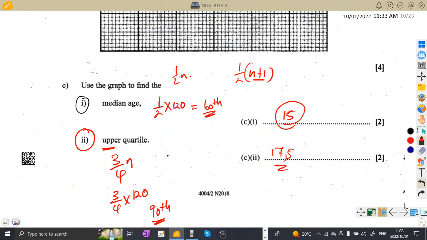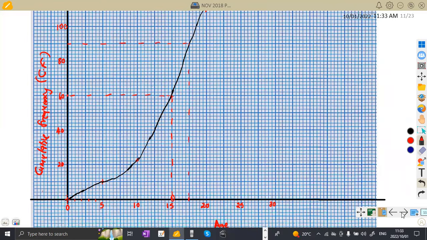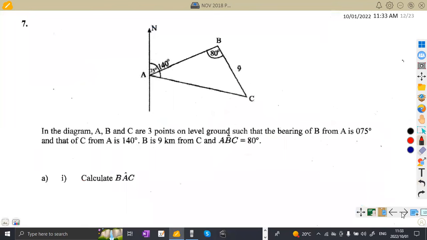Okay, then let's cross-check the other part of the question. Lecture number 7. Number 7, in the diagram, A, B, C are 3 points on level ground such that the bearing of B from A is 75. This is the 3-figure bearing, this angle that we are given of 75 here.